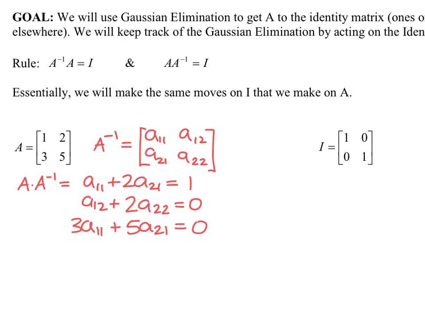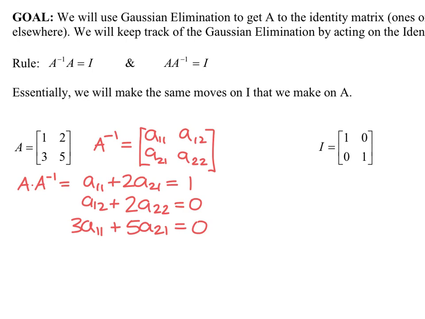Isn't it A sub 1, 2 plus 2 A sub 2, 2? Second line? A sub 2, 1. Yeah. This is getting multiplied by that. So 1, 1, and 2, 1. And then this is getting multiplied by that. So 1, 2, and 2, 2.